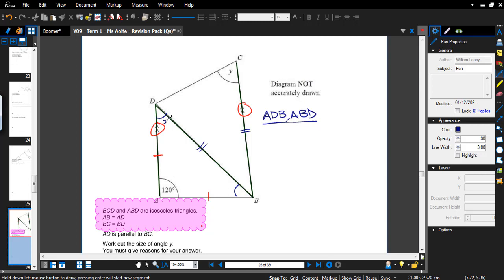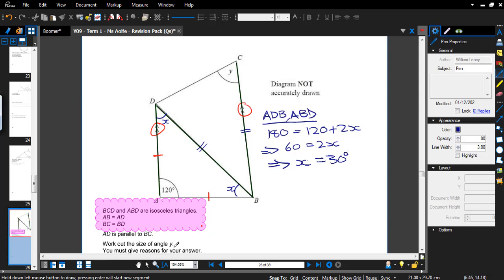So let's just call it, can I call this X? X and X. We know 180 equals 120 plus 2x, because 180 degrees in a triangle. And this is isosceles, so these are equal. So that implies 180 minus 120 is 60, so 60 equals 2x. That implies x equals 30 degrees.